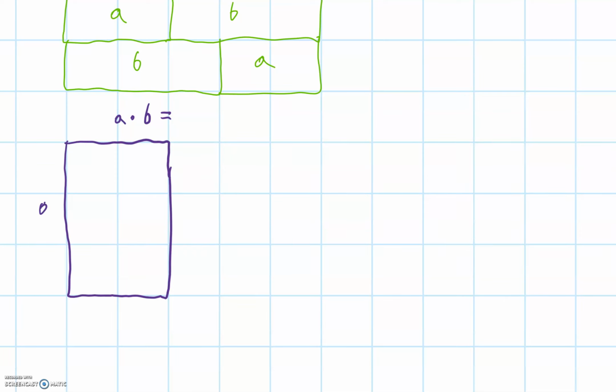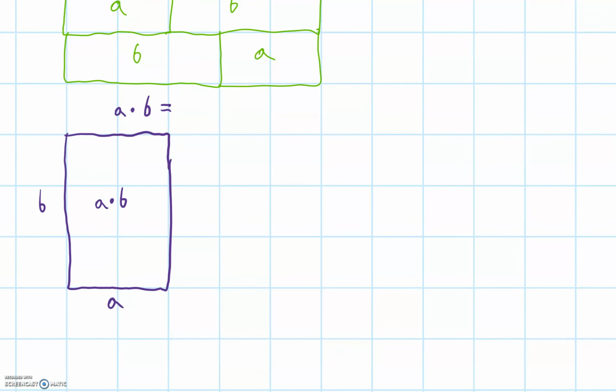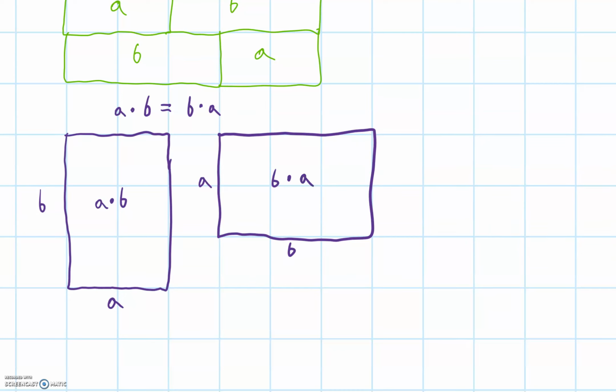So if A is this one and B is this one, well, the area inside this is A times B. And so, if you just flip those around, so have B times A, well, all you're doing is rotating your rectangle. So instead of having the short side top and bottom, the short side is side to side. So A is on this side and B is on this side now. This just represents B times A.